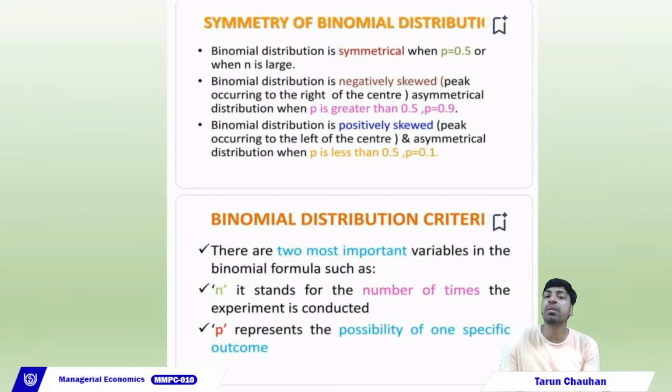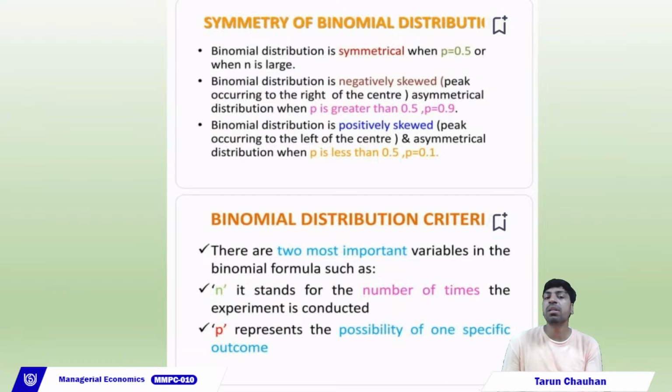When we talk about the left side of the peak point, we talk about positively skewed. So a negatively skewed binomial distribution is an asymmetrical distribution when the p-value is greater than 0.5. For example, if p is 0.7, that means it is negatively skewed.